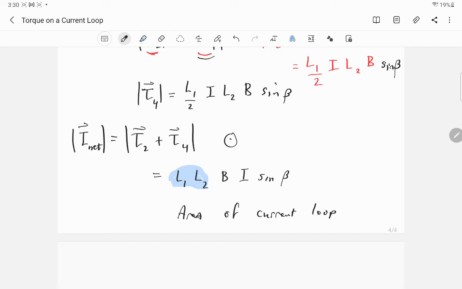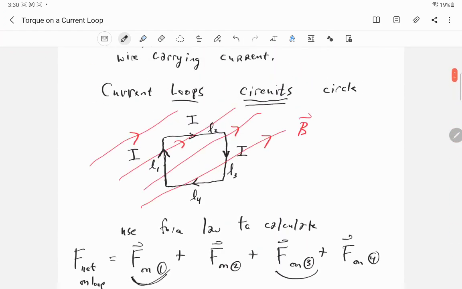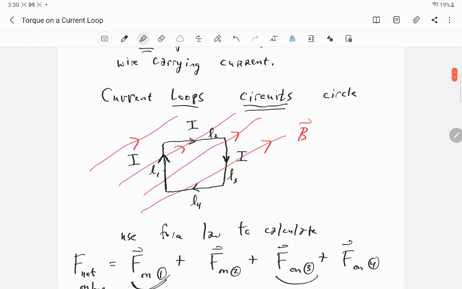But one big thing to notice is it's actually this net torque has a magnitude that's proportional to the area of the current loop. It's proportional to the area enclosed. So something about that area is important.